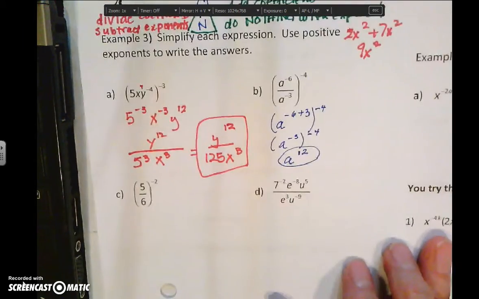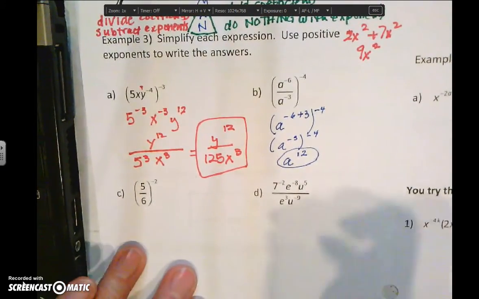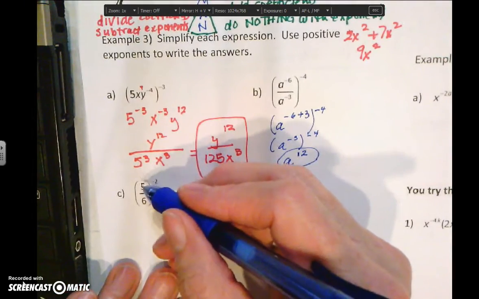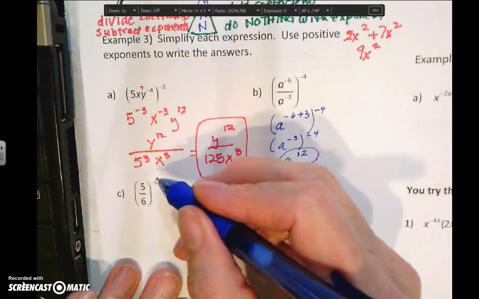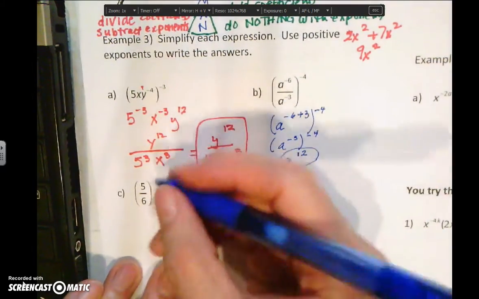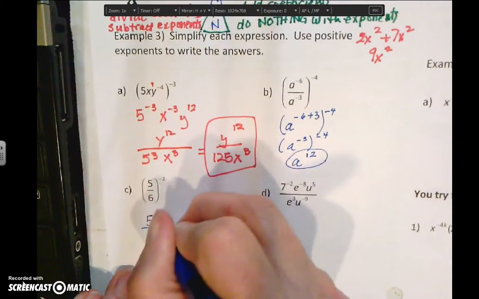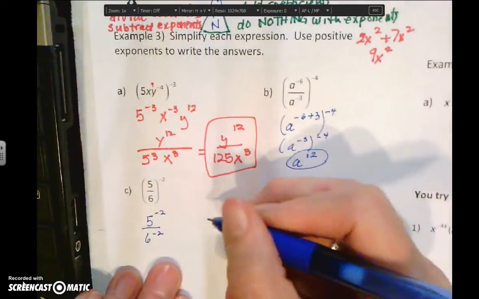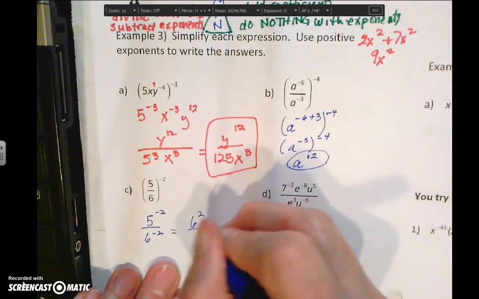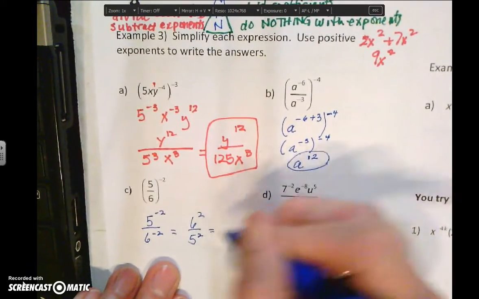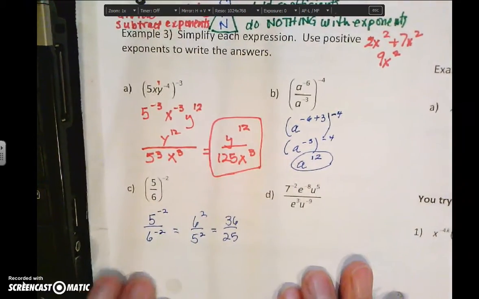Example C. Again, I have a fraction inside of here, but this time I can't simplify it. So I'm going to go ahead and just raise the numerator to that power and the denominator to the power. So I get 5 to the negative 2 over 6 to the negative 2. Get rid of my negative, so I get 6 squared over 5 squared, and that's equal to 36 over 25.